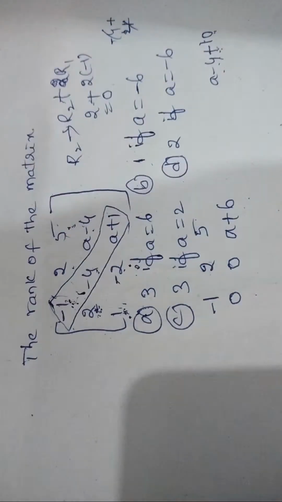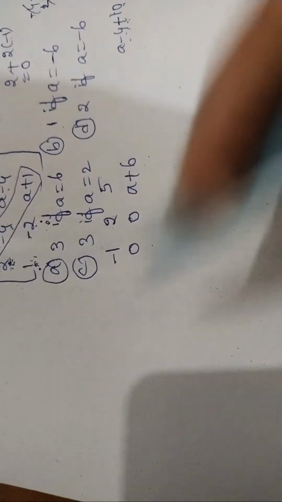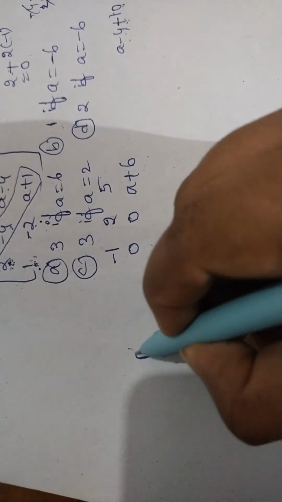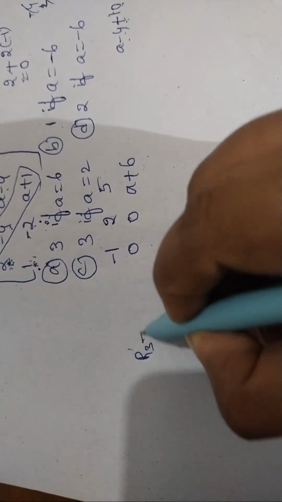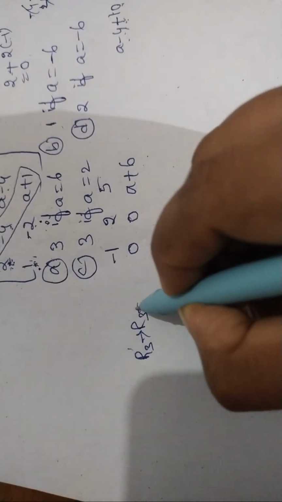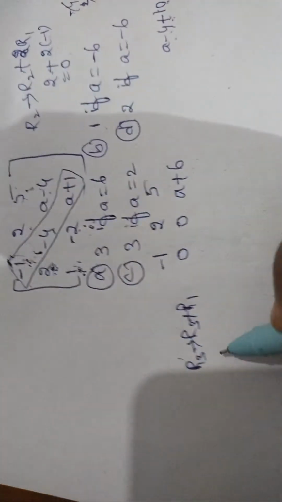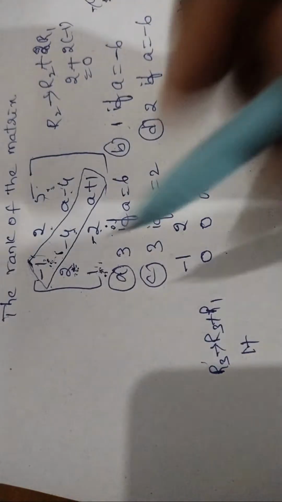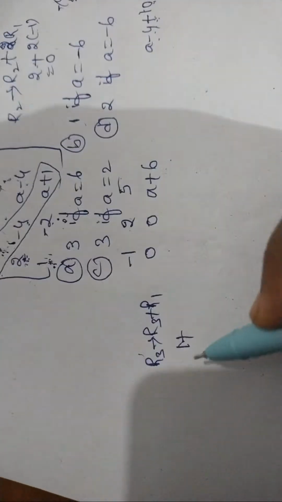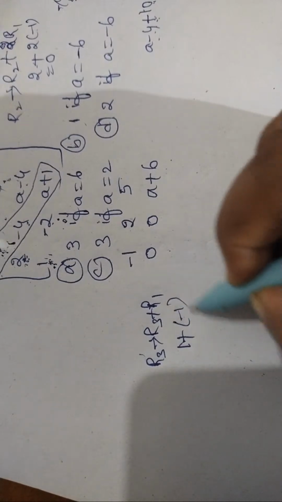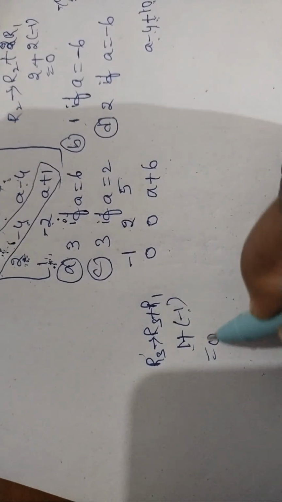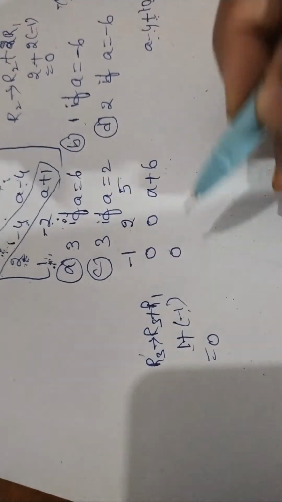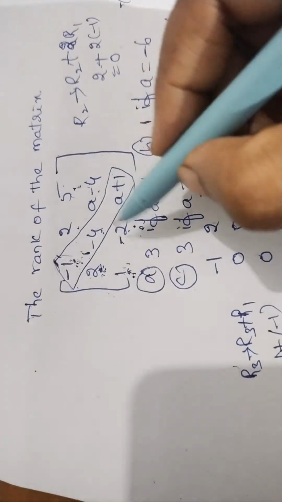So the next operation: R3 tends to R3 plus R1. What is R3 here? 1 plus, what is R1? -1. So 1 minus 1, 0. We got 0.